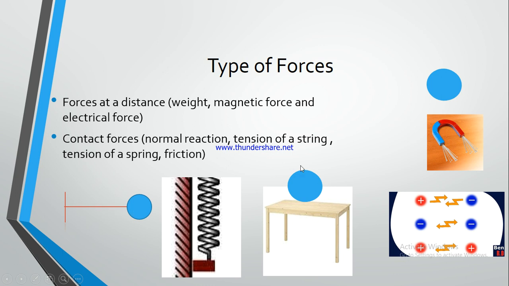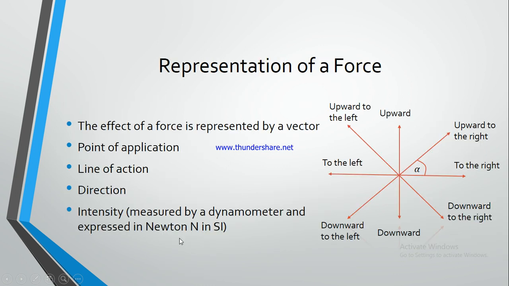These forces are due to a contact, then they are contact forces. If we cut the string or the spring, or we take away the table, the object will move, and the change of the motion is due to a contact force.